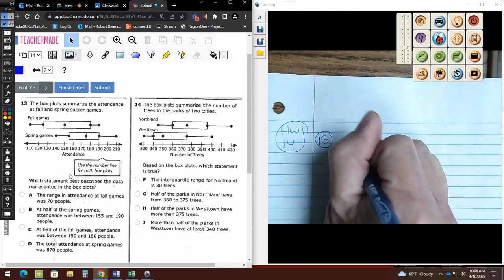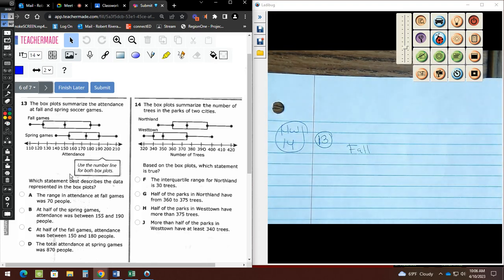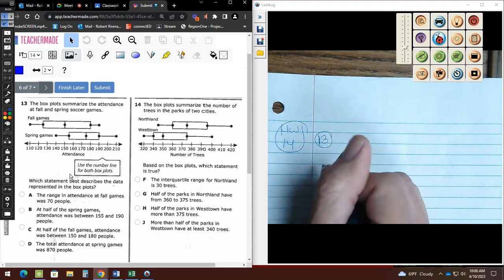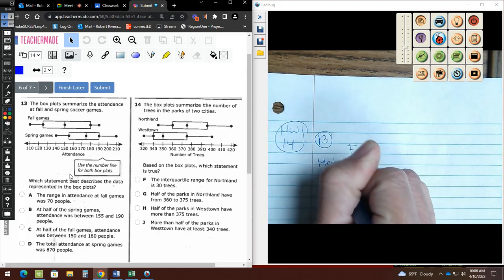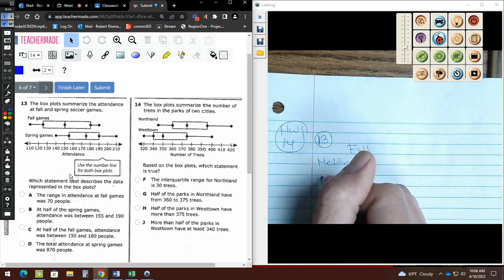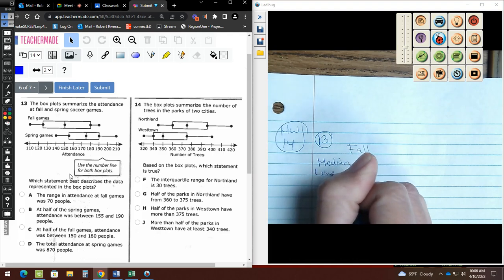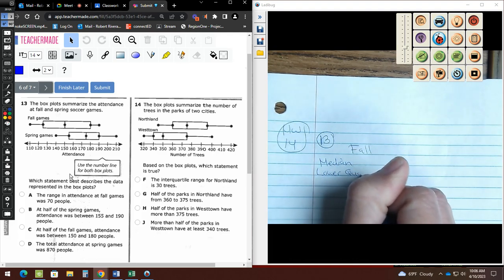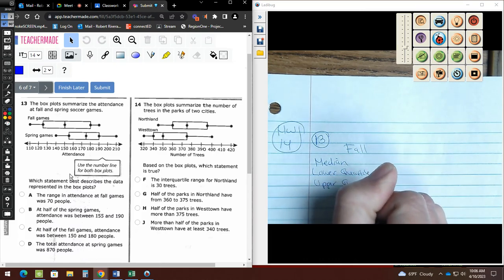So we're going to put here, one of them is called fall. And what point do I want? Let's see who remembers. What's the first one that we want to get quickly from box plots? Median. Good job, Miha. Then the lower quartile, and then the upper quartile.